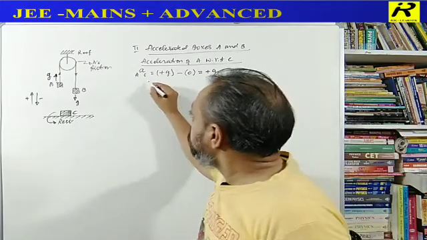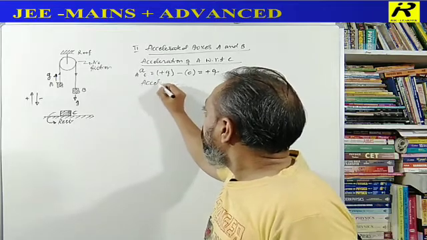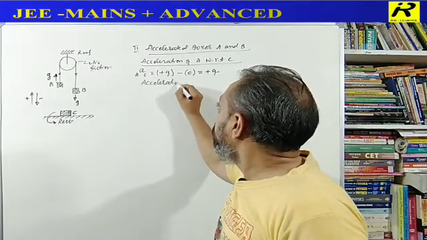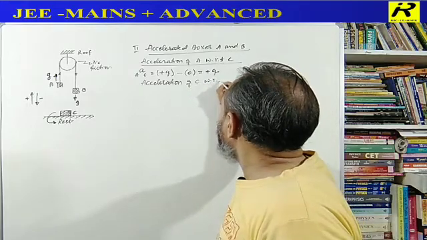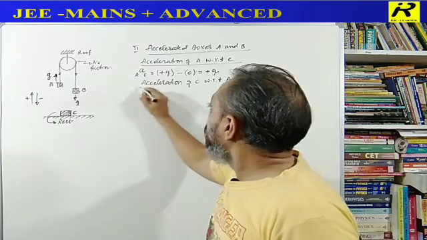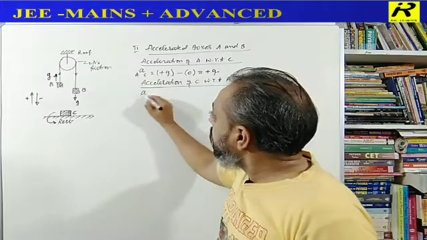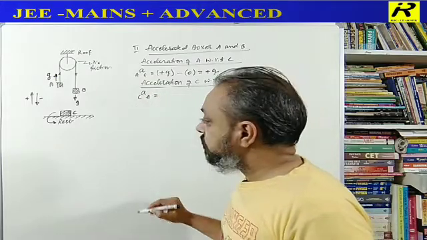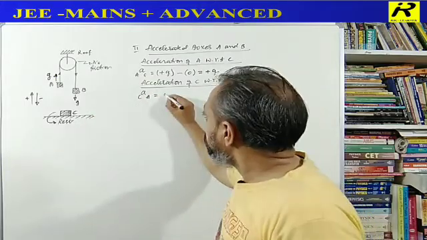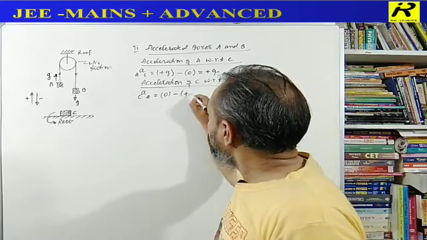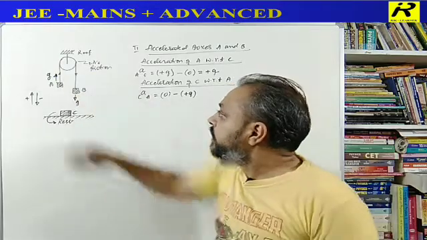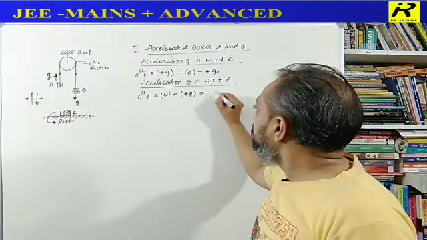And in the second situation, it is the acceleration of C with respect to A. Okay, so acceleration of C with respect to A is equal to, C is at rest, so we write 0 minus acceleration of A, which is plus g, right, it is moving up, so this is equal to minus g.